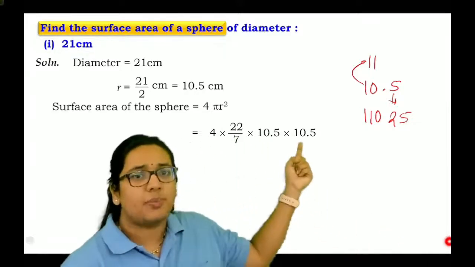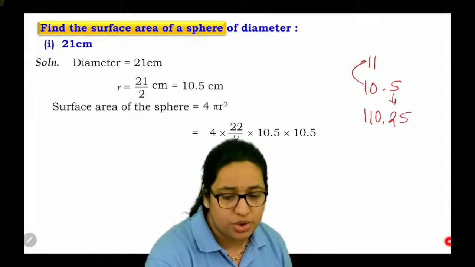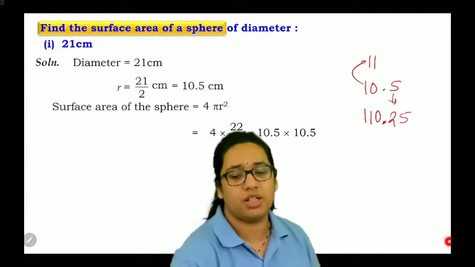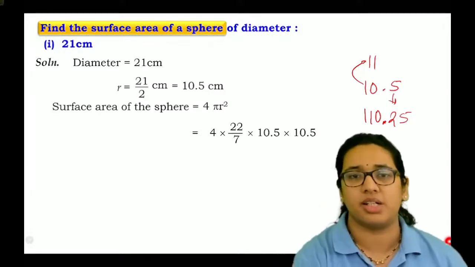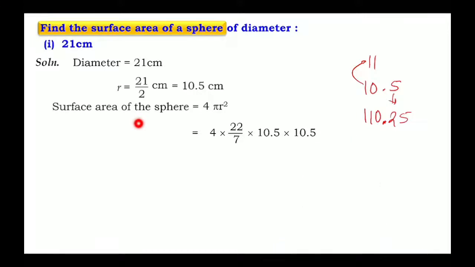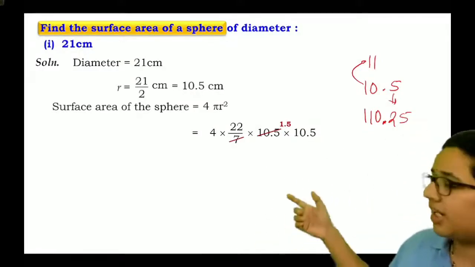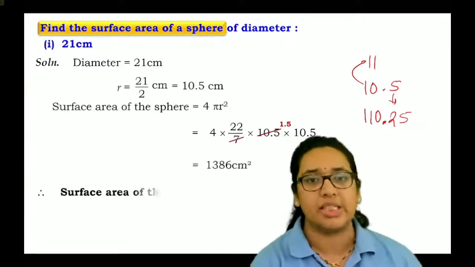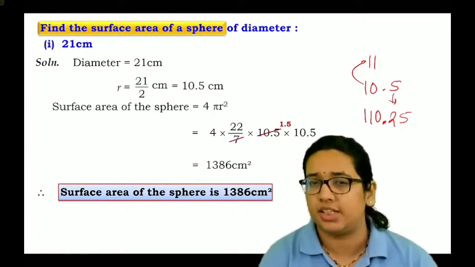So originally you were getting a single digit after the decimal point, so after considering the square there should be 2 digits after the decimal point. Hence you can write this as... So after calculating this, you will easily get the answer, which is 1386.